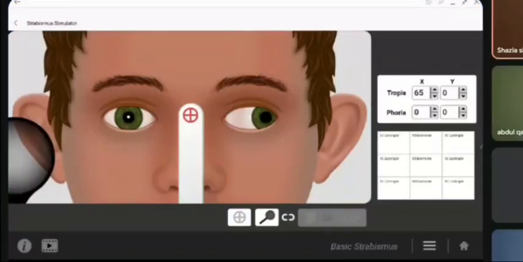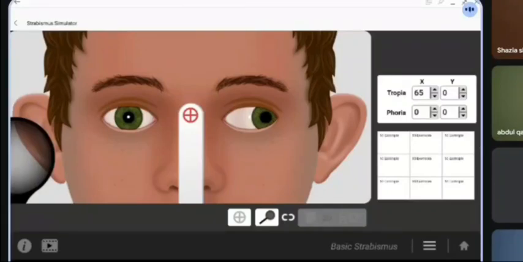Answer in the chat box, everyone. Okay, so we have an answer here: exotropia, left exotropia. Yes, exactly. It is a left exotropia.